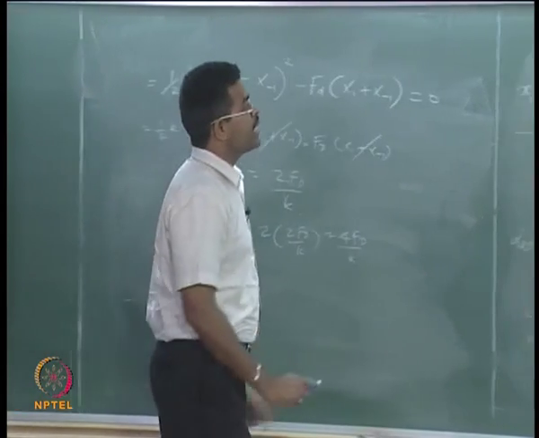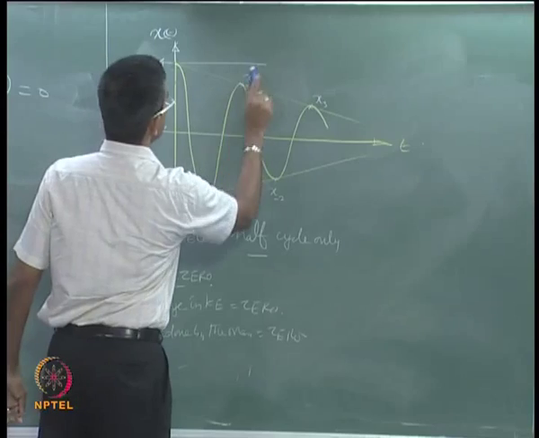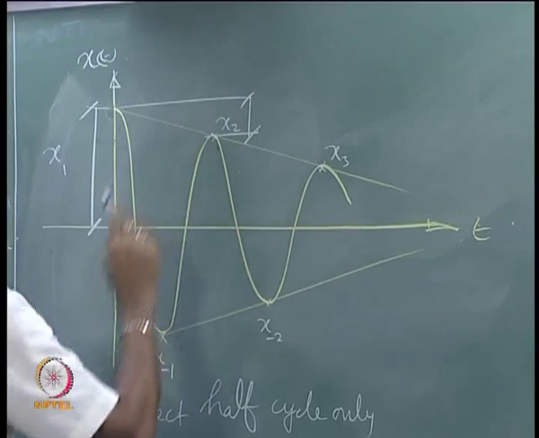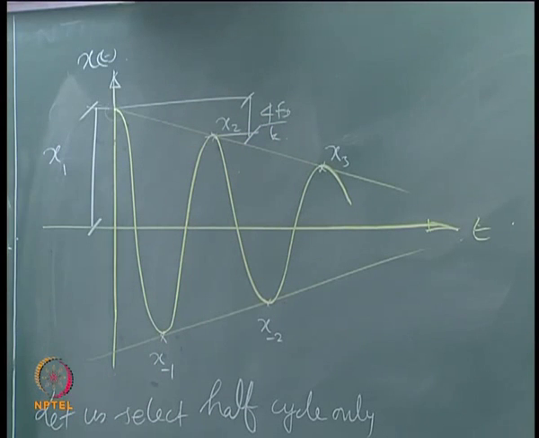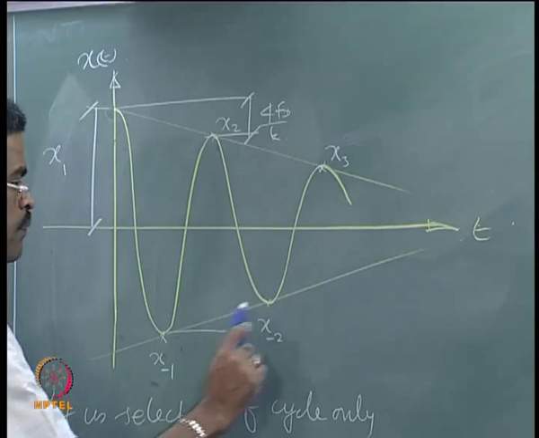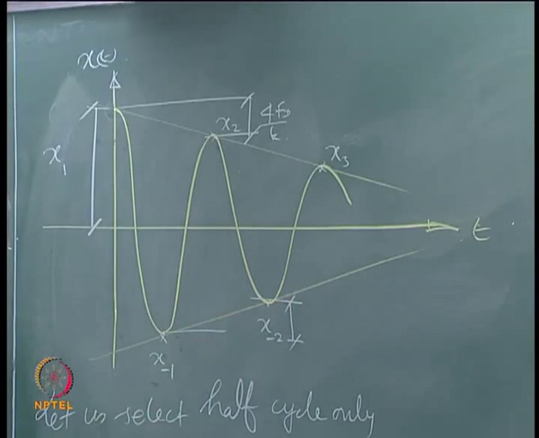So I can really write that the response reduction between the two successive peaks is 4 Fd by k. That is true for negative also.